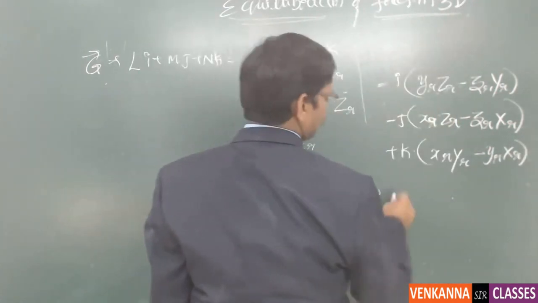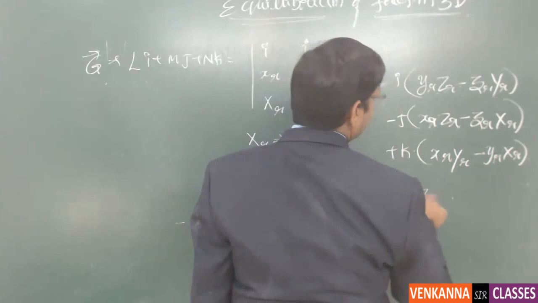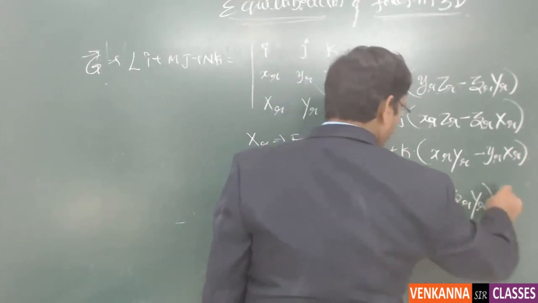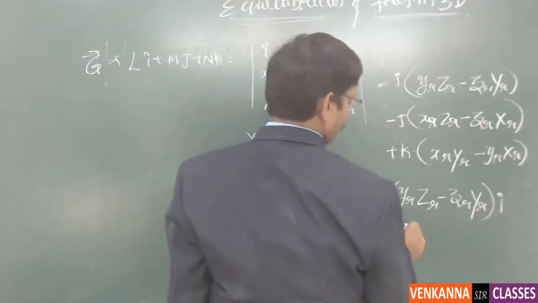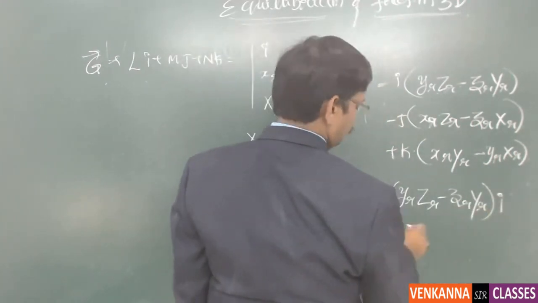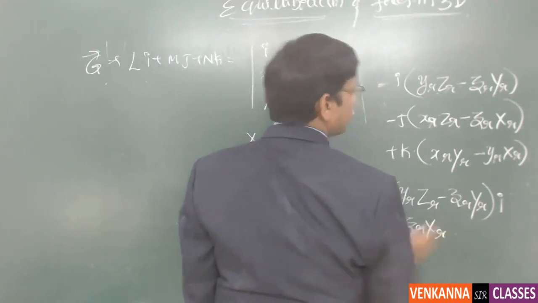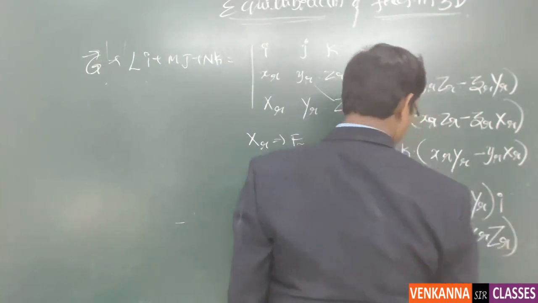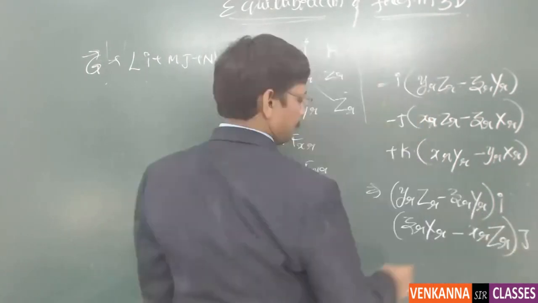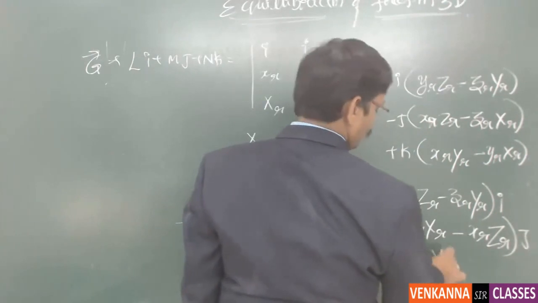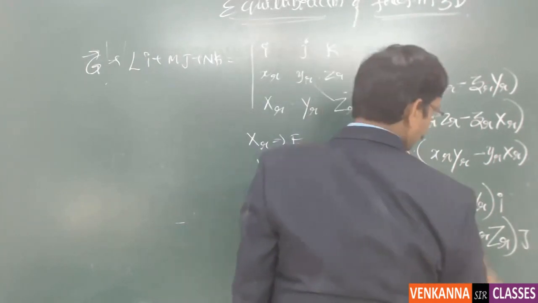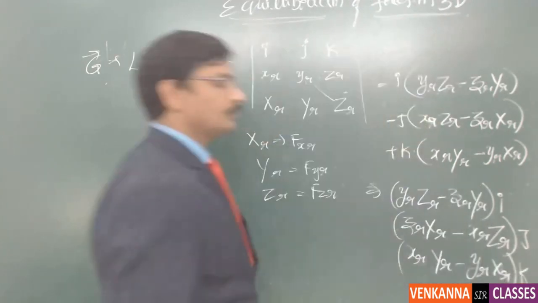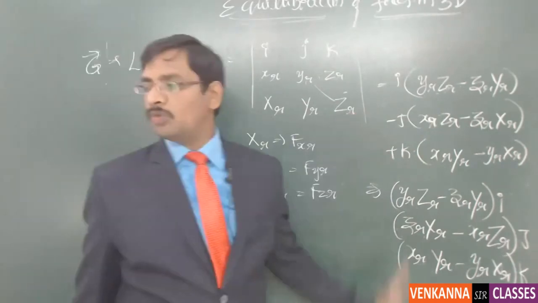Now if you simplify this, it is YR into ZR minus ZR into YR into i, ZR into XR minus XR into ZR into j, XR into YR minus YR into XR into k. Got it? So this is the resultant moment.